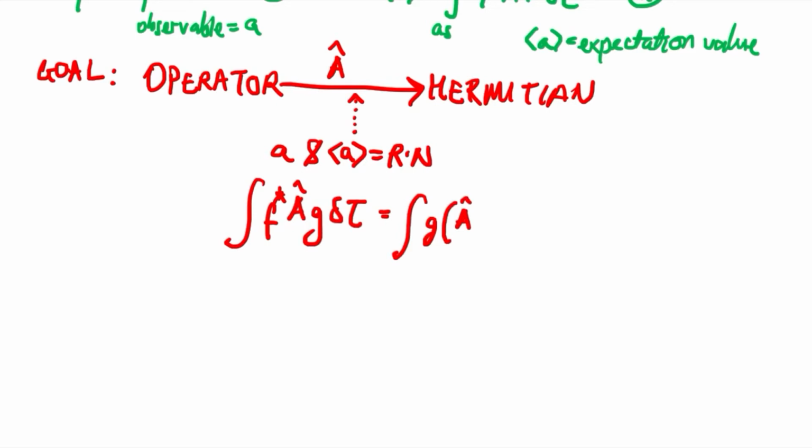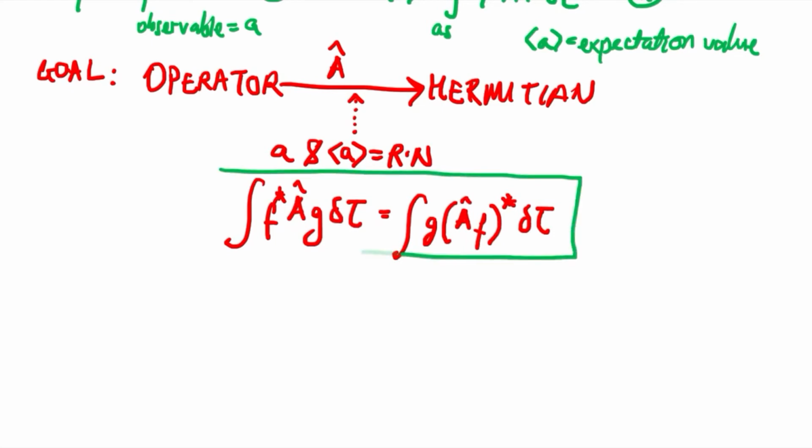our operator acting on the same f, which is on the left side, but now this bracket is covered by this complex conjugate right there, and this is also expressed in terms of dτ in there. This particular expression must be true in order for our Hermitian operator to be manifested, making our A lean away from being just an operator and become a Hermitian operator.